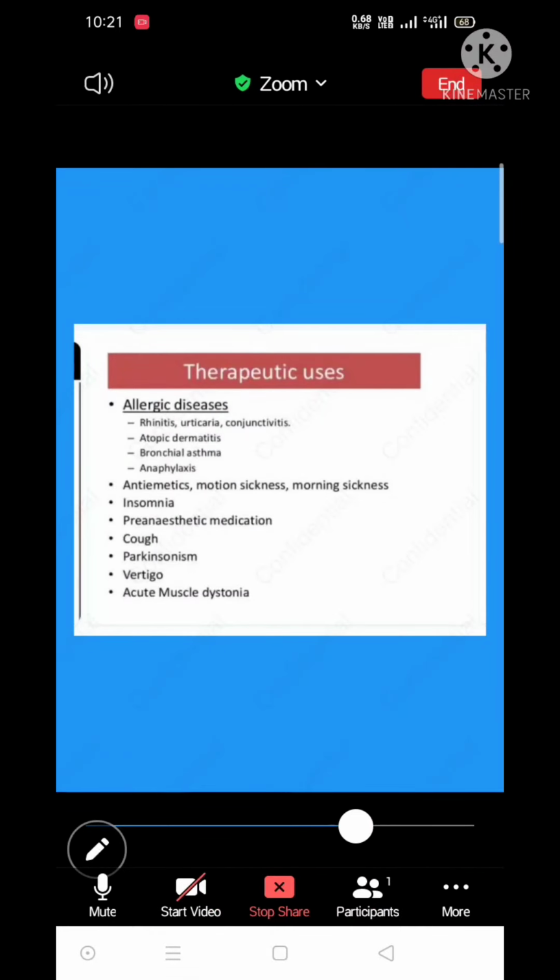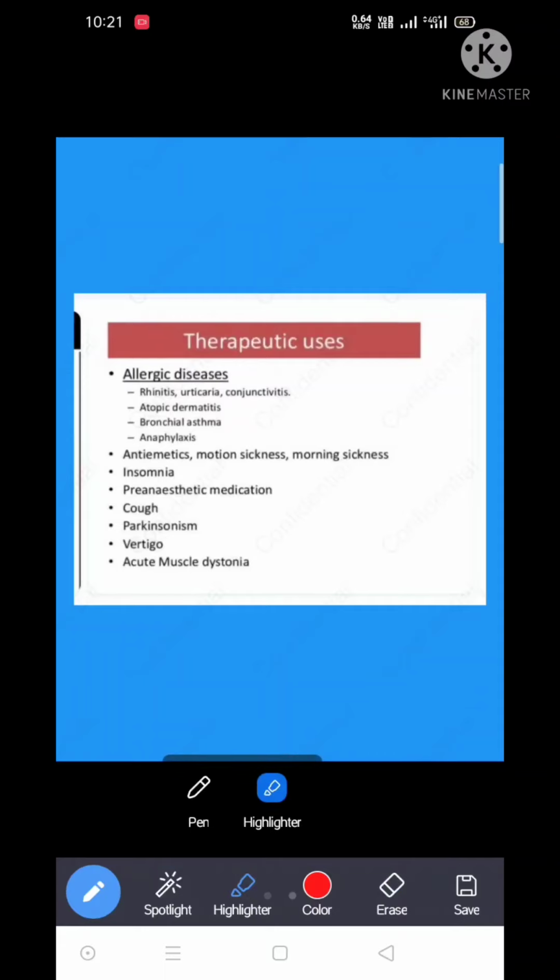What are the therapeutic uses of antihistamines? The first one is allergic diseases. The second is antiemetic use in motion sickness, morning sickness, insomnia, cough, Parkinsonism, acute muscle dystonia, vertigo, and all that.